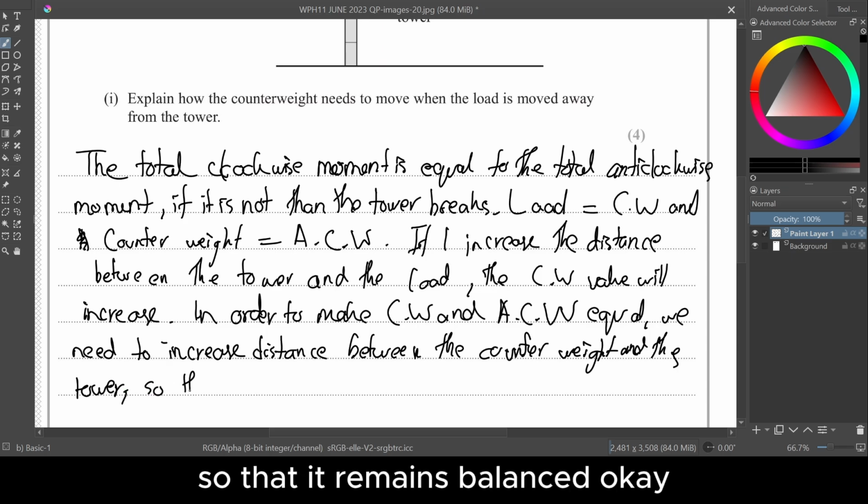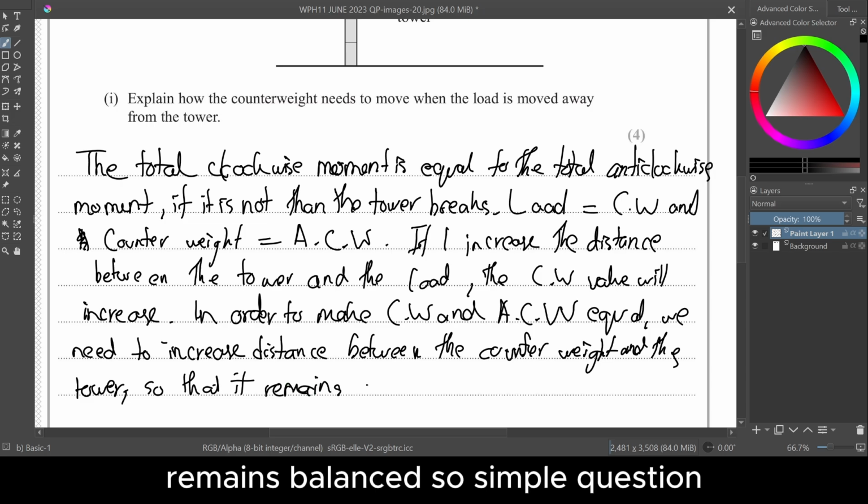So that it remains balanced. Okay, remains balanced.